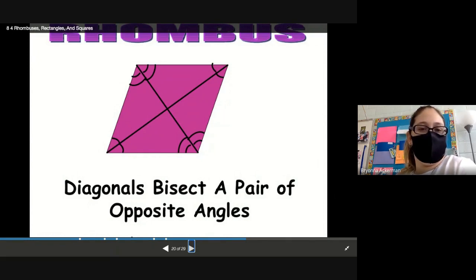So this is kind of interesting. The diagonals bisect a pair of opposite angles, okay? When we're doing just a rectangle or parallelogram, it doesn't necessarily cut the angle in half, okay? But it does do that in a rhombus.